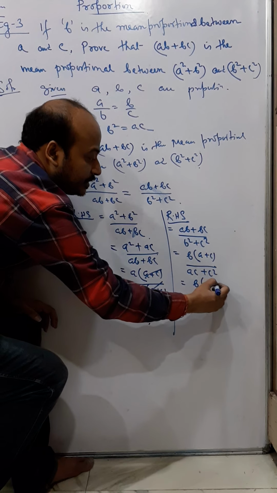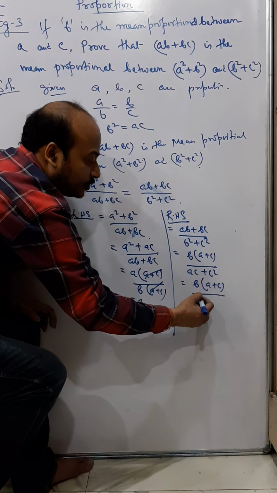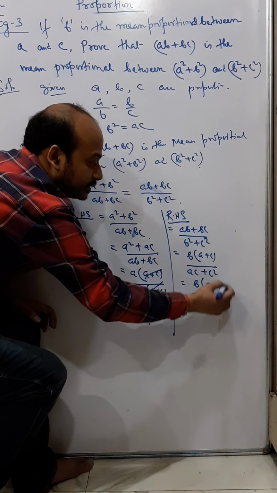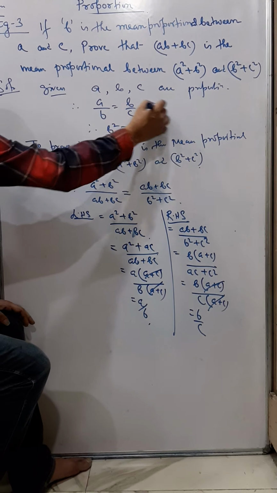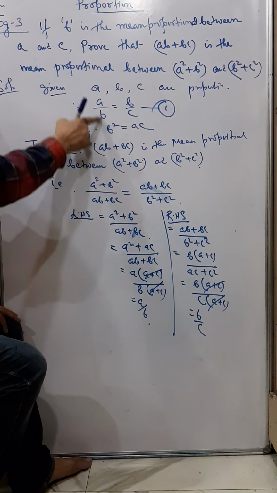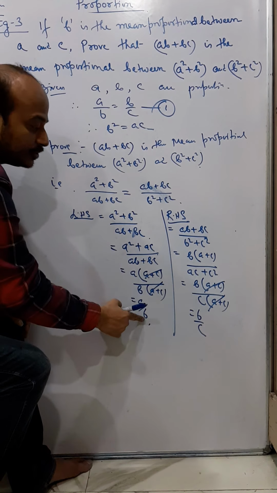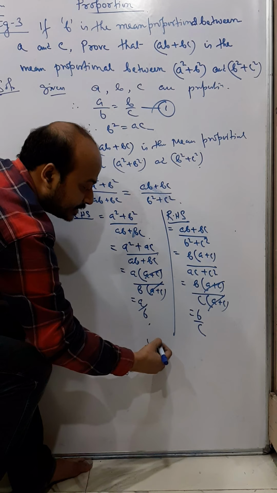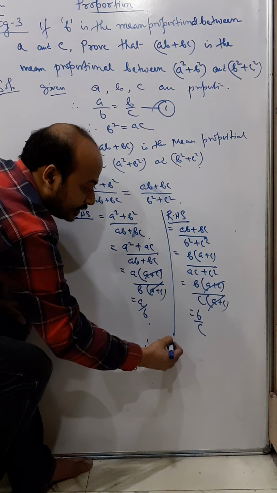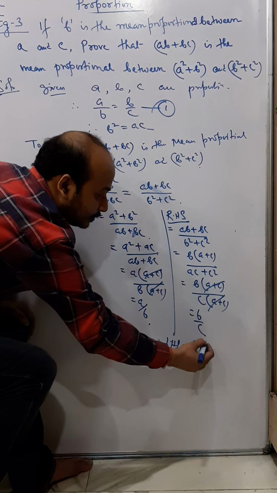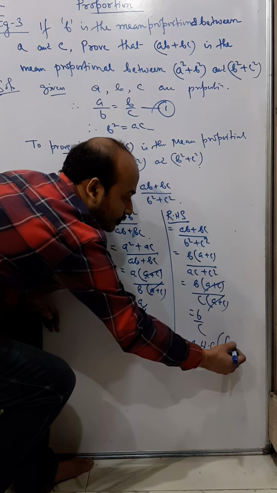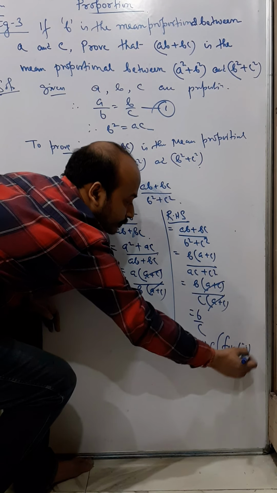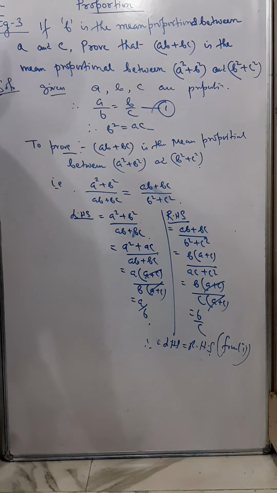So we got B, A plus C. We can take C common and we get A plus C. So we got B by C. And from here we know that A by B equals B by C. So therefore here also A by B is equal to B by C, and therefore we can say that finally LHS is equal to RHS. That we can say from number 1. Hence proved.